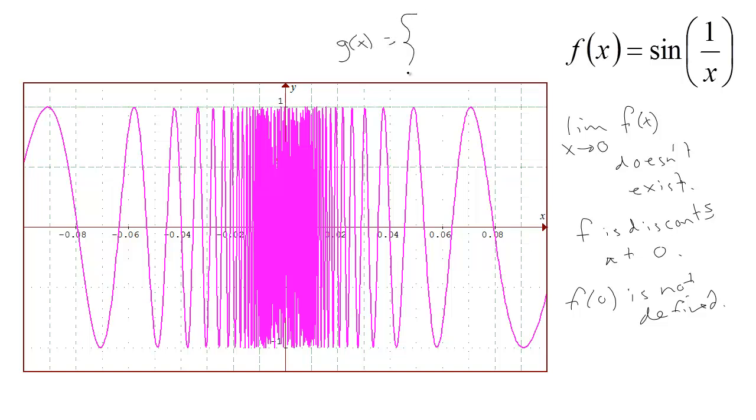But even if we were to take this and use this function when it's not equal to 0 and try to extend it to 0, no matter what value we pick here, we could pick -1 or 0 or 1, the limit still doesn't exist, and so it's still going to be discontinuous. The function has to be defined, the limit has to exist, and the two have to agree.